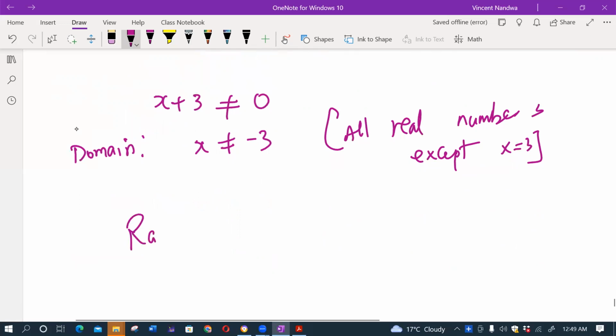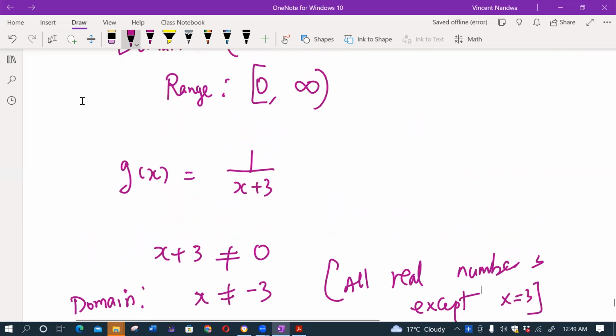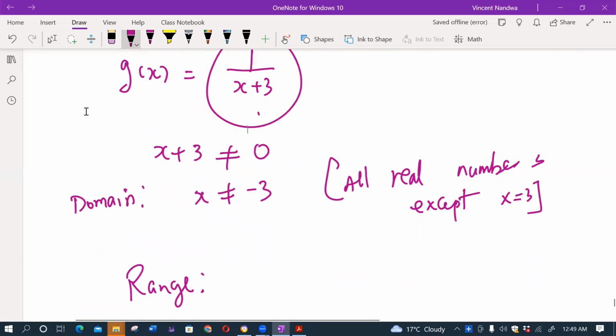Range. This being a fractional function, we can get any number apart from 0 for this given quotient. If you pick any number apart from minus 3, this quotient 1 over x plus 3 will give all other possible real numbers except 0.